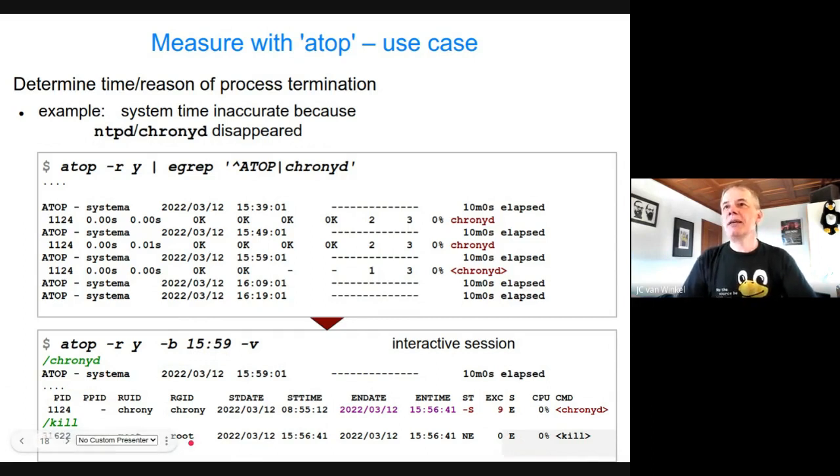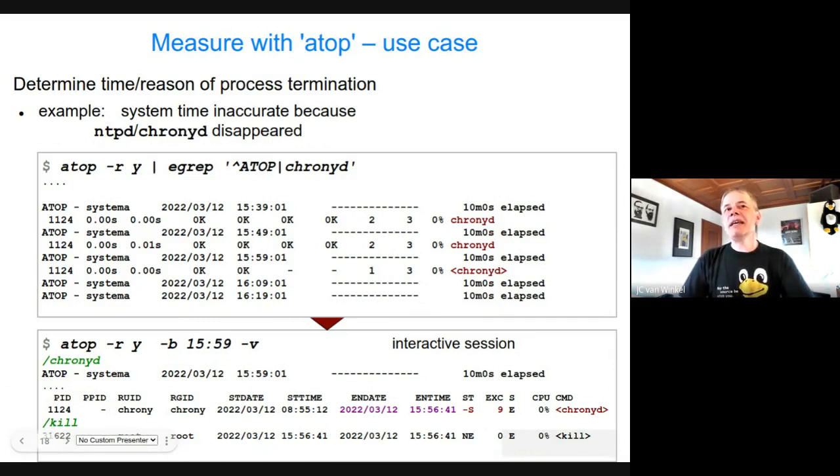So now we can go and ask whoever was root, why did you kill chronyd? And what can we do to make this never happen again, right? We have to keep this blameless. But here you can see how an incident that happened yesterday can be investigated using the historic log that Atop is keeping, something that Top will not do for you.